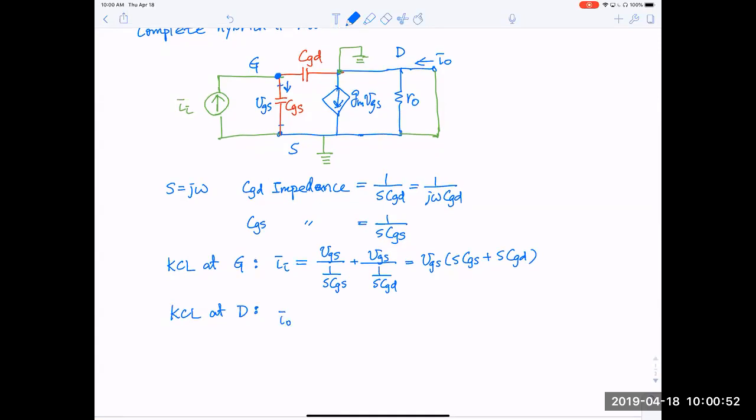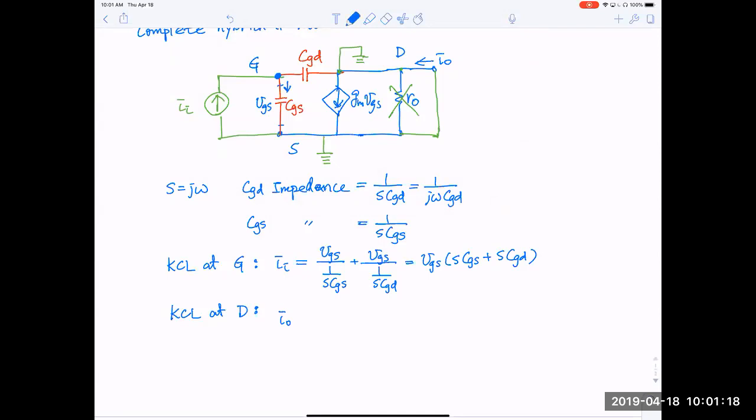There are a few paths. Actually, you can see this ro has no effect. Why? Because the top side is grounded, the bottom side is also grounded. So by short circuiting the load, there's no effect for ro.